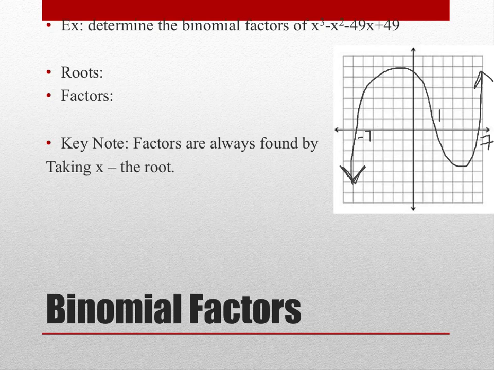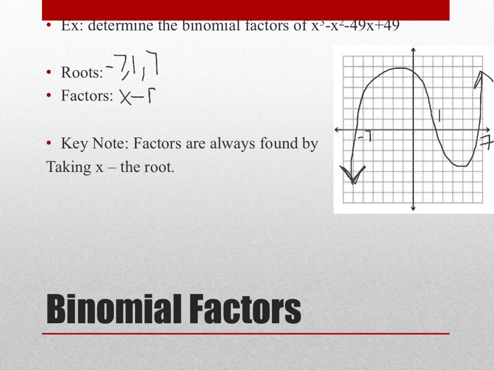As you recall, our roots, or sometimes our real roots, real solutions, are where it crosses the x-axis. So here, our roots would be negative 7, positive 1, and positive 7. Now recall once again that our factor is x minus r, x minus our root.